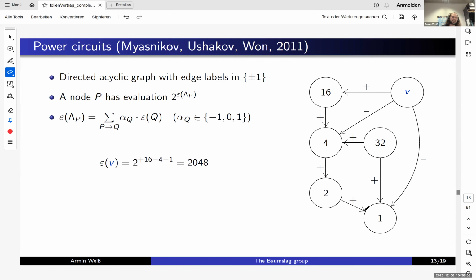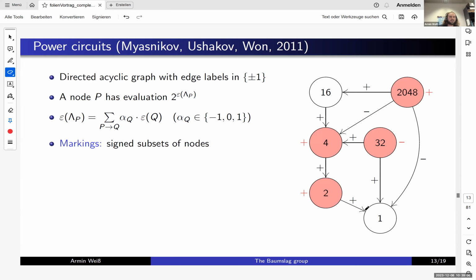Now if you want to represent numbers which are not powers of 2, we just add signs to different vertices, and we call these markings. With these we can also represent numbers which are not a power of 2. For example, 2022 is this marking.